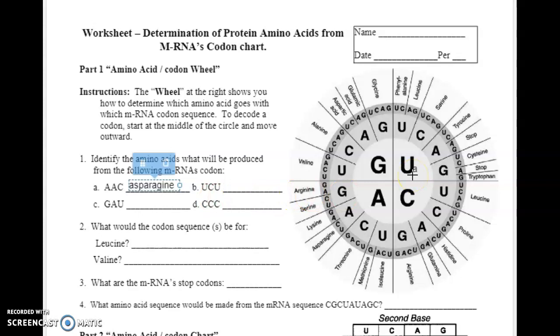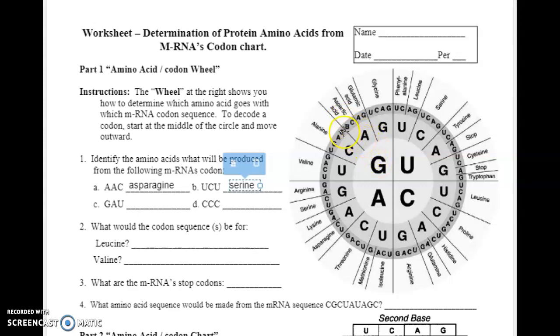Next one's UCU. Okay, start in the middle. U, second letter C, and then U's right there. So serine would be next. GAU. Start at G, go to A, and then go to U. And it'll be aspartic acid.